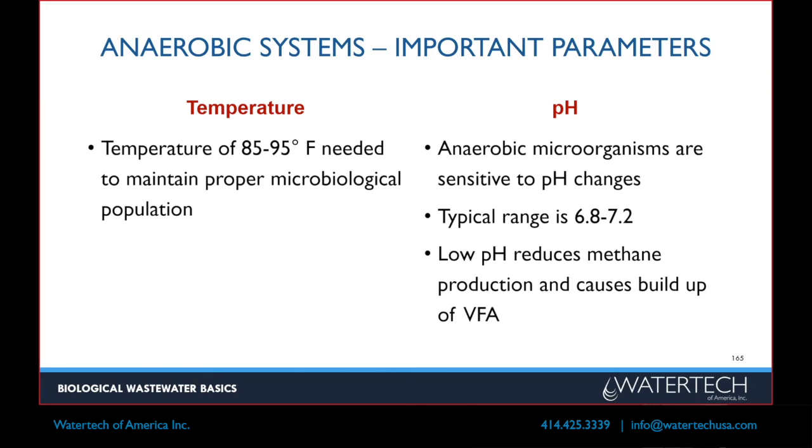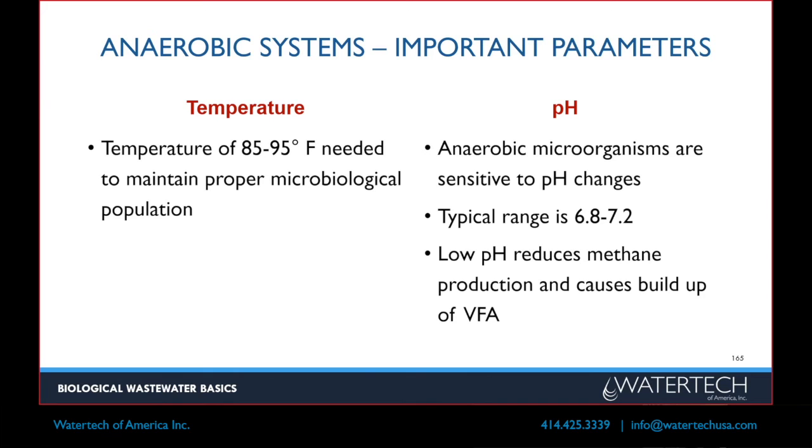Temperature is critical in an anaerobic system, so 85 to 95 degrees plus or minus to maintain a good microbiological population. I know that some systems run higher than that, and they have their places, but for the basics of what we're talking about, that's the general range.